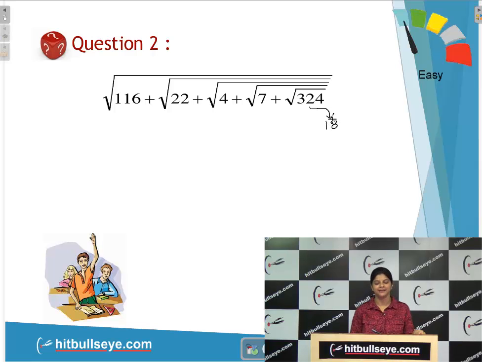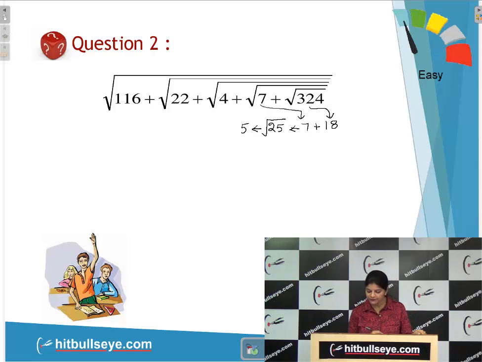Which is 18. Now in the next step, we will add the number 7. And the result is 25. Now you can see, friends, there is a root sign on the top of this much expression. So in the next step, we will do root of 25. And the result is 5.